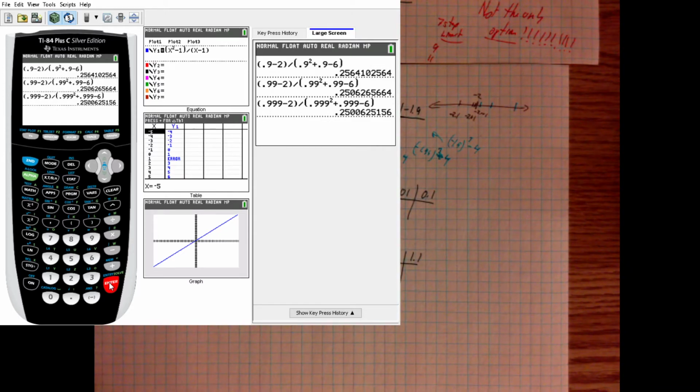Now let's go to the right-hand side, same thing. So I do 1.1 minus 2 divided by 1.1 squared plus 1.1 minus 6. Oh, I love Fridays.